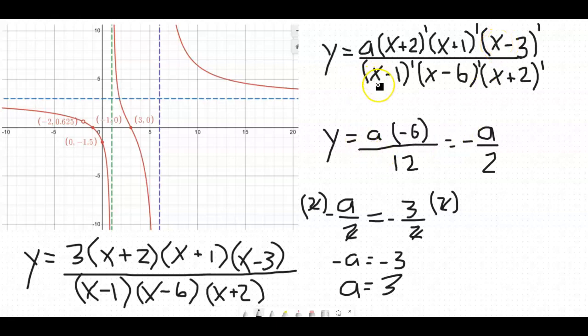Now, on the bottom here, the same thing. x times x times x is x cubed. So if, for example, this a was a 1, we just have x cubed over x cubed, and that's just going to simplify down to 1. So that would mean I'd have a horizontal asymptote at y is equal to 1, which I do not.